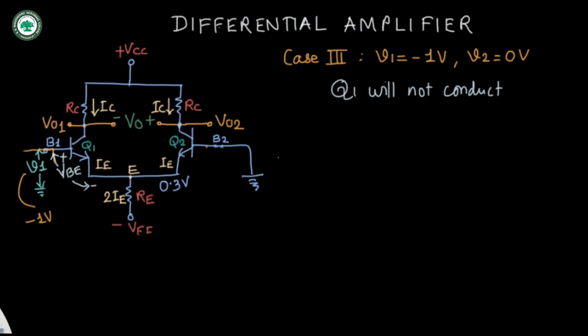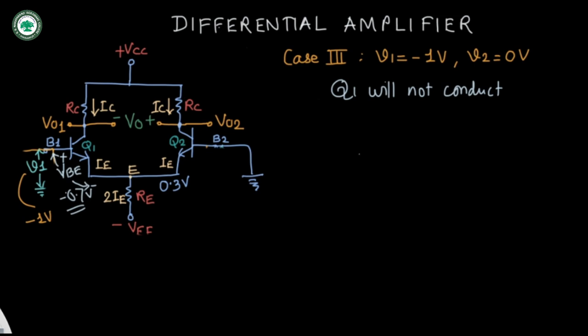And as Q1 is not conducting, still there will be the voltage drop of minus 0.7 across this base emitter voltage. The same drop will be available at this point E, where both emitters are tied together.